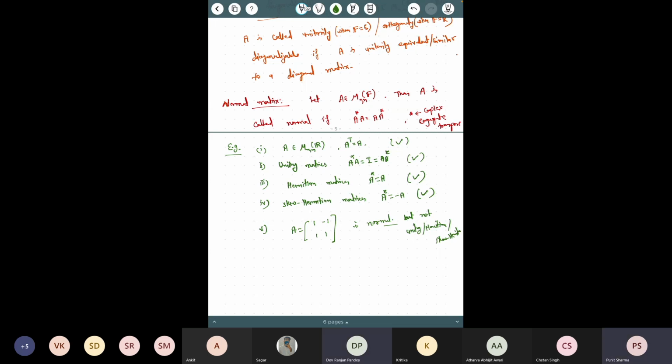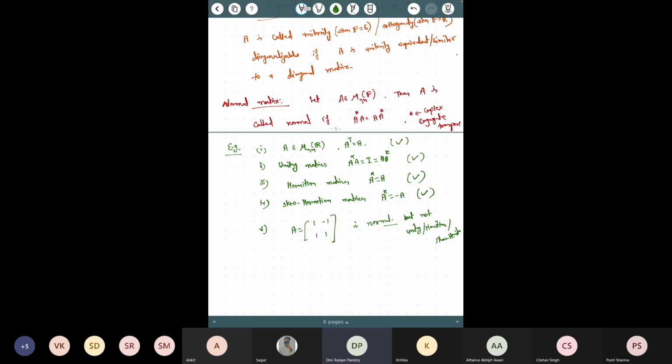But sir, in fact, this is a scalar product of a unitary matrix, no? What is scalar product? This matrix can be seen as a scalar product of a unitary matrix. What do you mean by that?